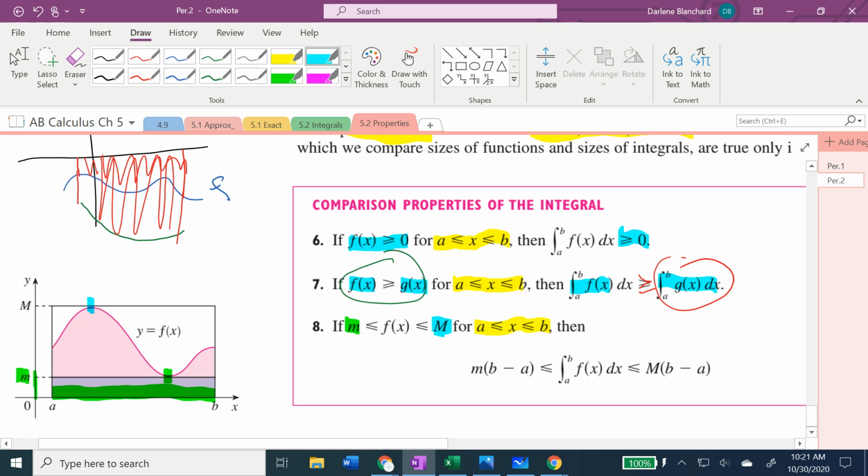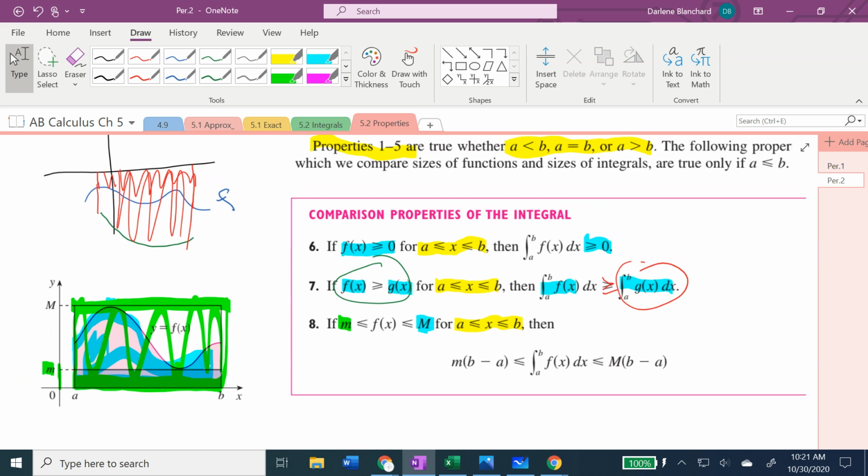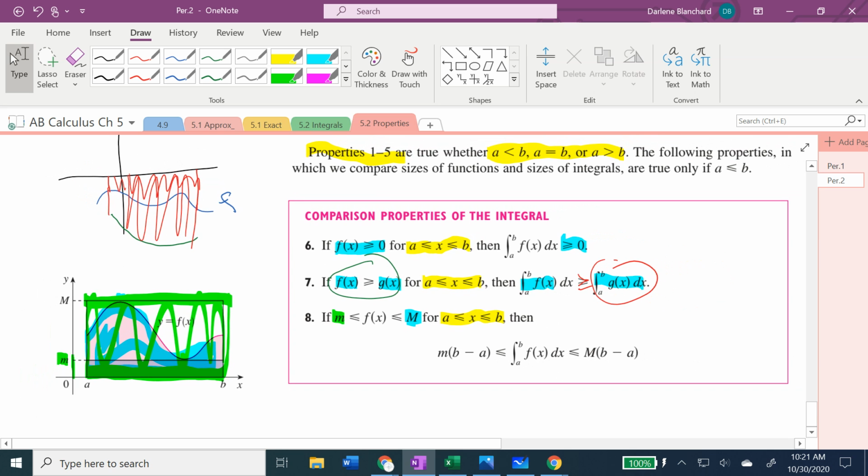But if it's not a horizontal line and you take the absolute maximum over that interval, then the area under the curve is going to be less than the area of the big rectangle. So these are properties you can use at any time.